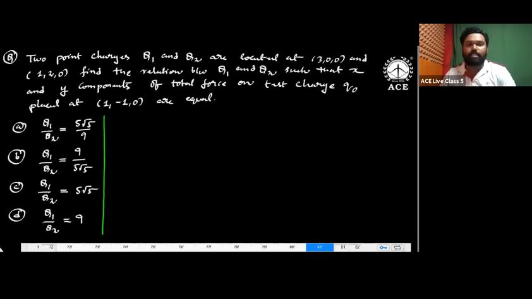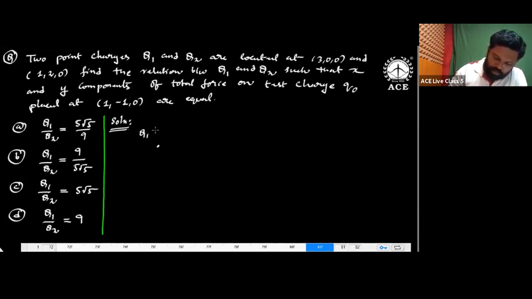Two point charges. Let us have some rough diagram for this one. Where are the two charges located? Charge Q1 is located at (3, 0, 0).